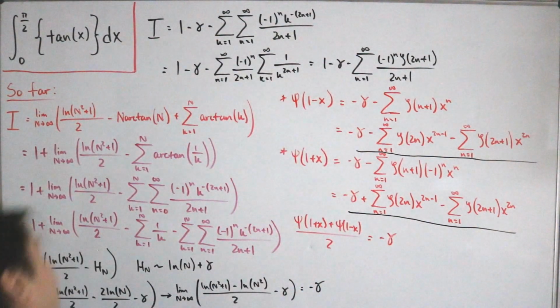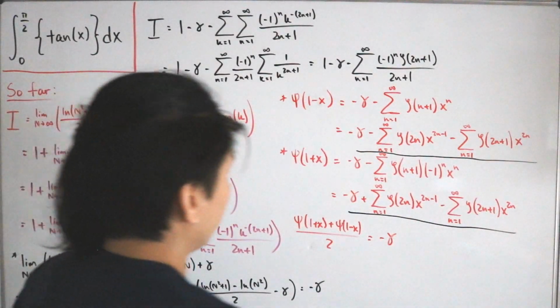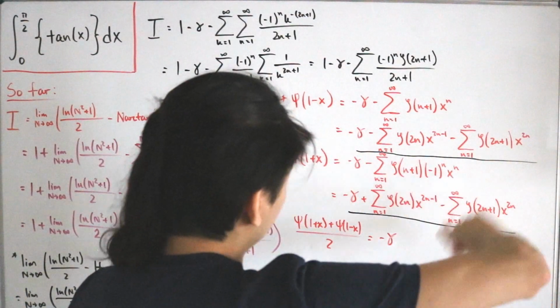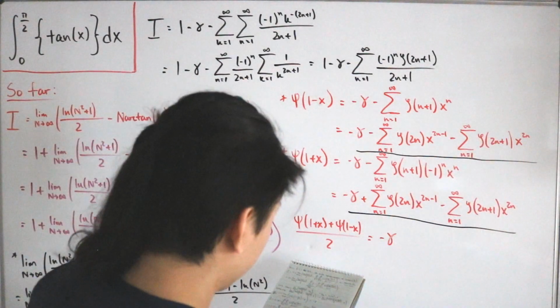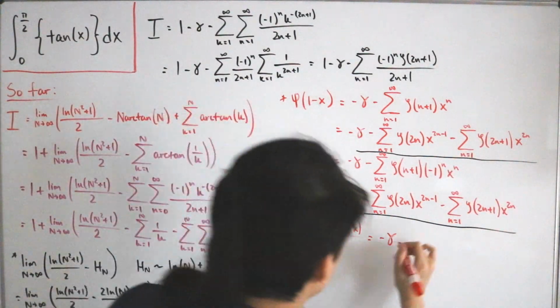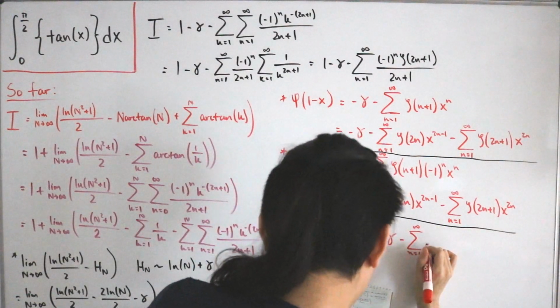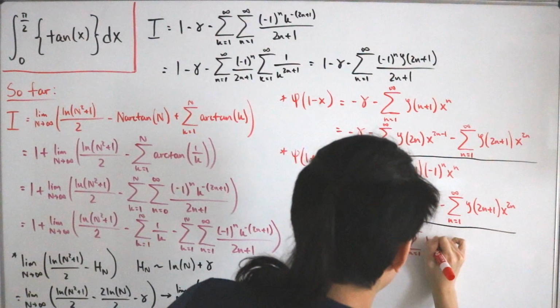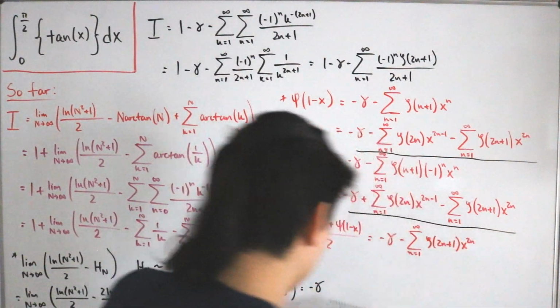Now if I add these two sums together, they cancel each other out, and if I add these two, they subtract, so minus 2 times the infinite sum, and then dividing by 2 we're left with just the singular one. So all that's left is minus the infinite sum at n equals 1 of the Riemann zeta of 2n plus 1, multiplied by x to the power 2n.